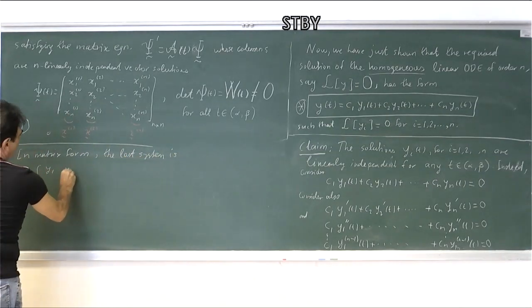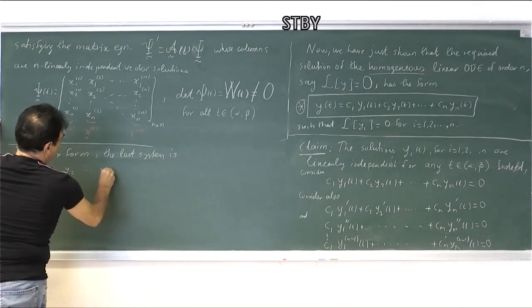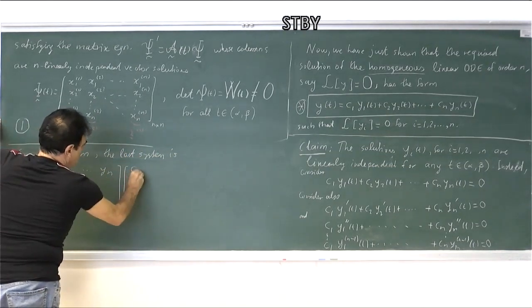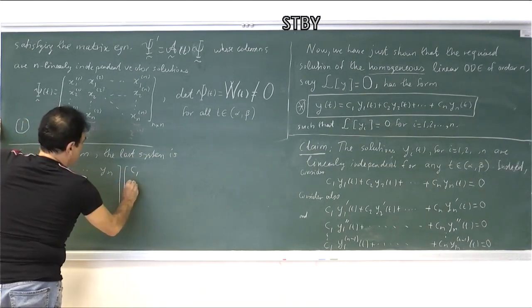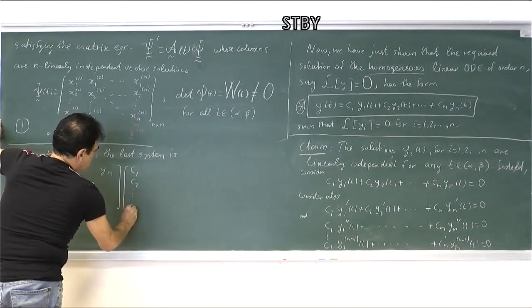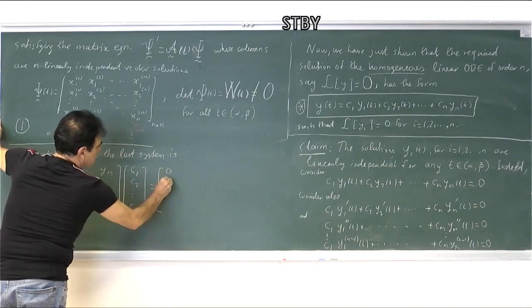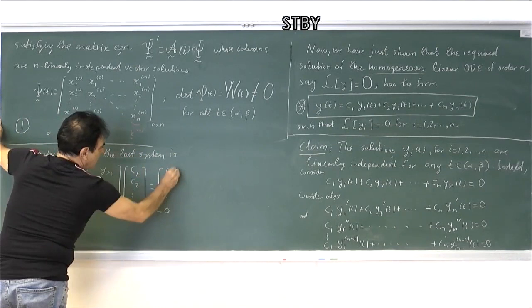Y1, Y2, Yn. Here is C1. It is a homogeneous system like this. 0, 0.